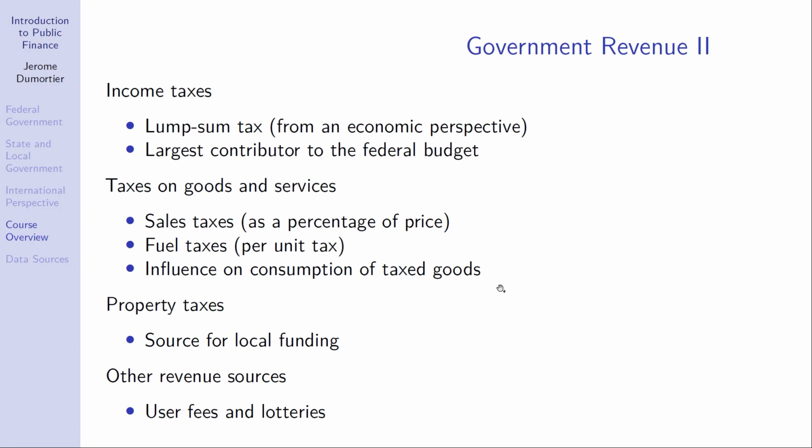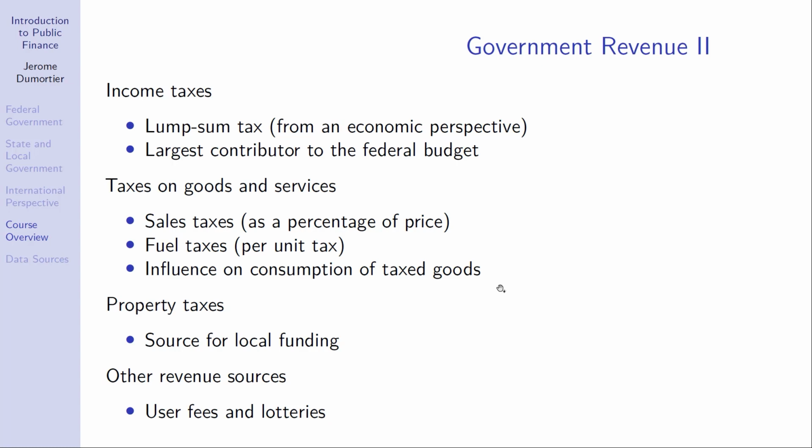After those general principles of taxation, we are going to look at specific taxes. We are going to look at income taxes, which we have seen is the largest contributor to the federal budget. We are also going to look at taxes on goods and services, for example, sales taxes or fuel taxes. And we have to consider that those taxes on specific goods and services actually can influence the consumption of those taxed goods.